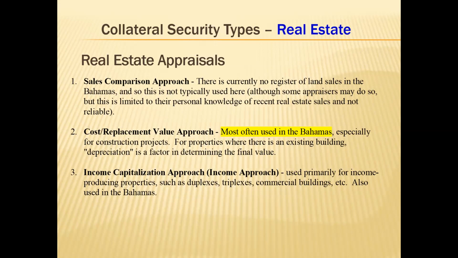Since this edition of the book came out, I think this goes back to 2017, the Bahamas Real Estate Association keeps track of, or has knowledge of, some recent land sales.